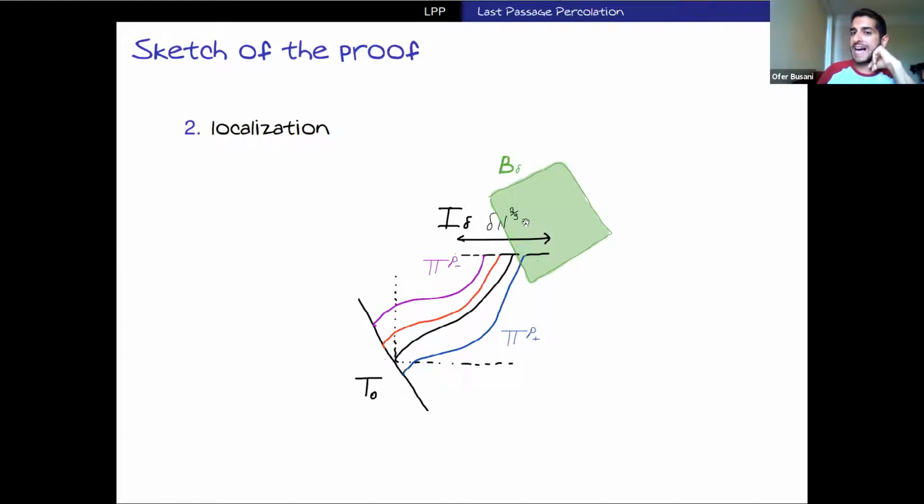It will be of size delta n to the 2/3. And we want to show that with high probability, no matter where you go inside B delta, you'll have to cross the interval I delta. So you can't just go around it and enter B delta. This would be a localization.